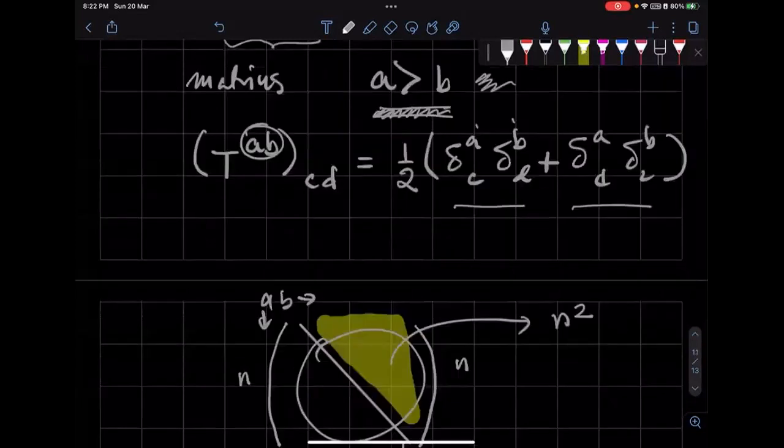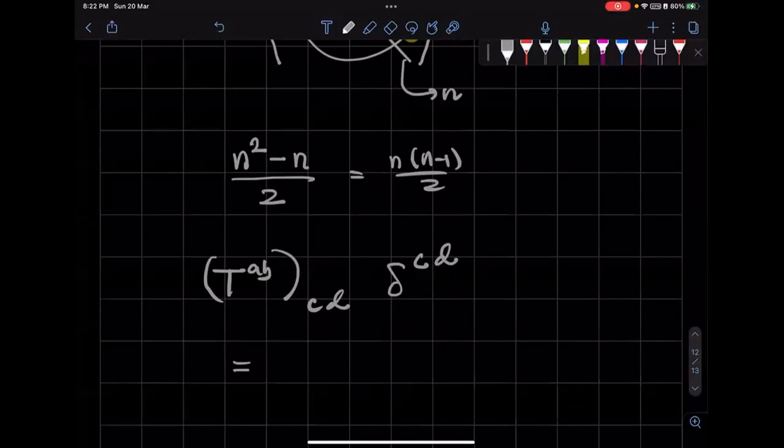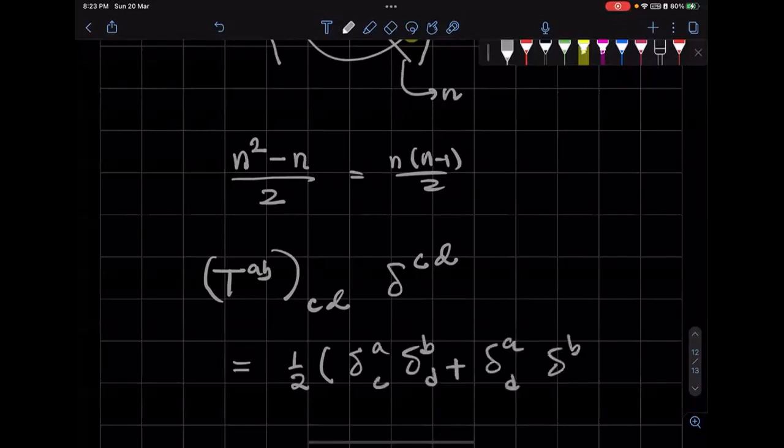And do you know how to take a trace of a matrix? If we have a matrix with element CD, then the trace of this matrix is we contract the Kronecker delta with the matrix, okay? So if I now go back to my original expression, it's delta_AC delta_BD plus delta_AD delta_BC.